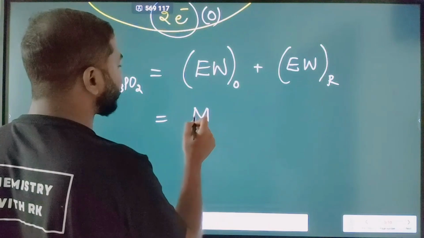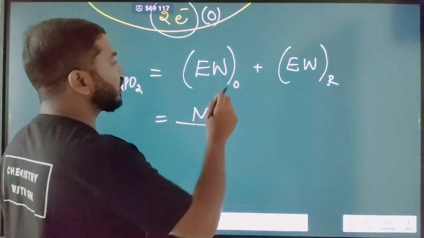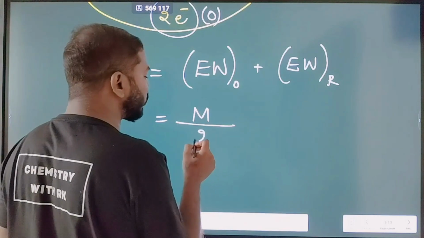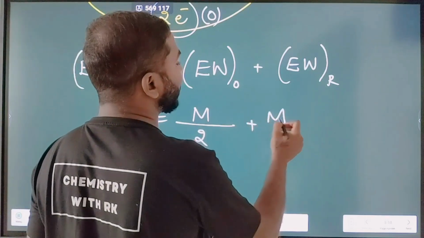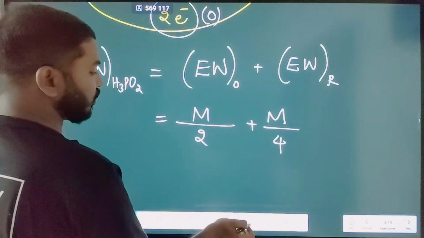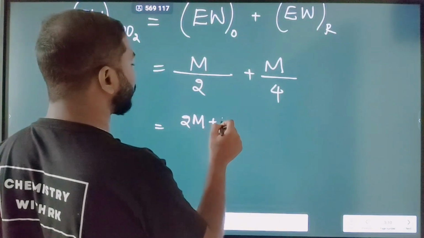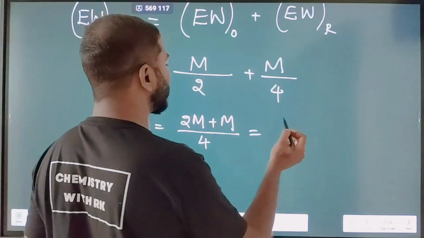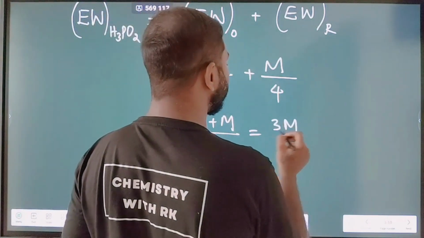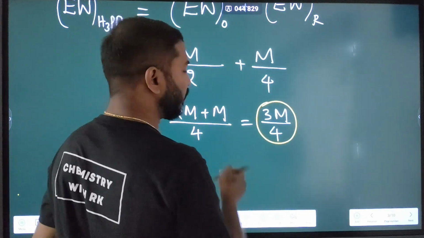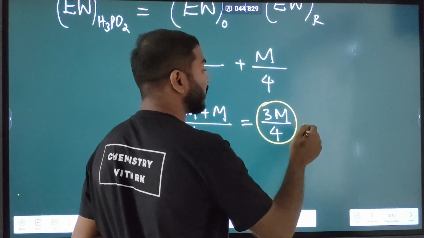So let us take its gram molecular weight is m, and then the number of electrons lost in this particular process is going to be 2 electrons, and then similarly number of electrons gained is nothing but 4 electrons, right? Then finally we are going to get m by 2 plus m by 4, which is nothing but 3m by 4. This is the equivalent weight of H3PO2 in this disproportionation reaction.